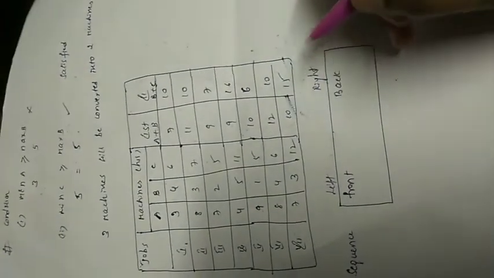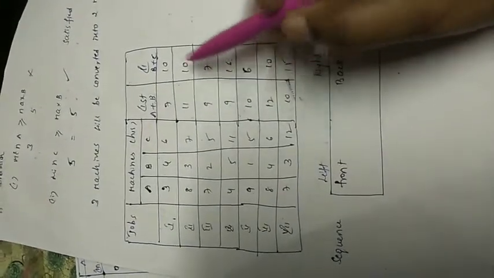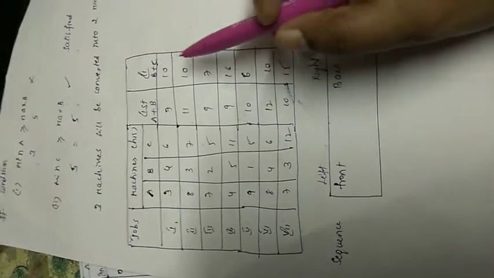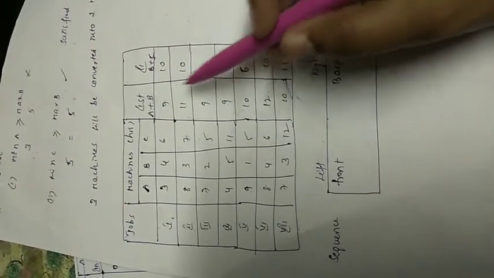We already said in the previous class, we will take the least of all the elements of the first and second machines. If we have the least number in the first machine, we will take it on the left side. If we have the least value in the second machine, we will take it on the right side.